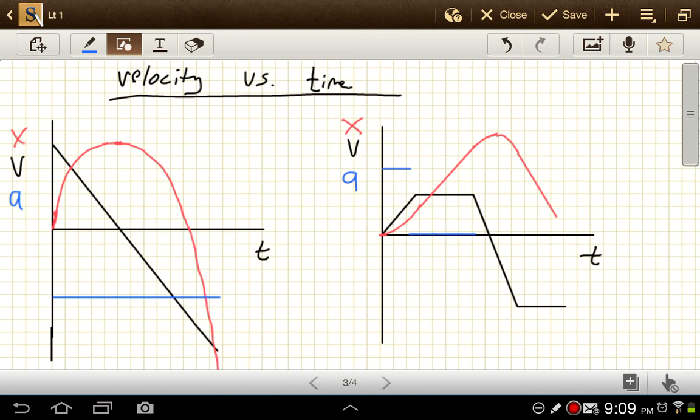This has a slope of 0, so acceleration is 0. This line has a negative slope, looks like maybe a little steeper than the first line, so we'll draw that down like this. And then back to a velocity that's constant, so acceleration has to go back to 0.